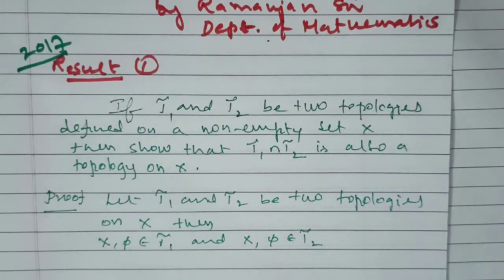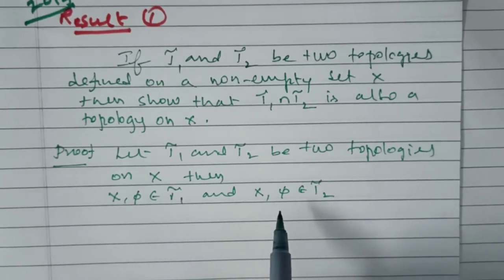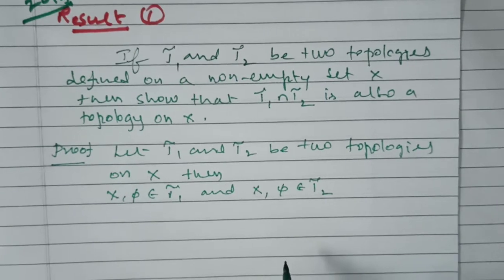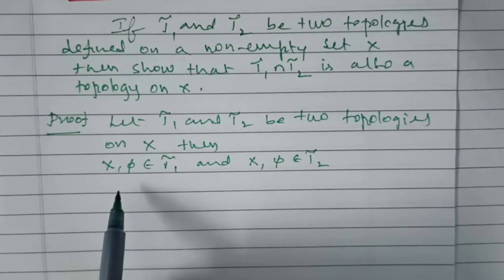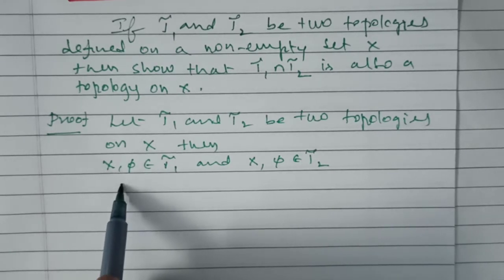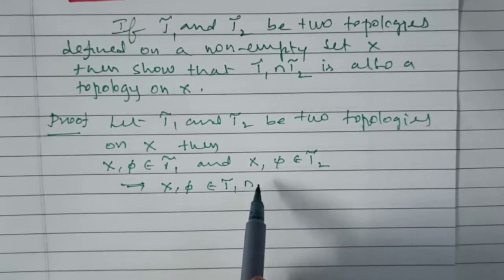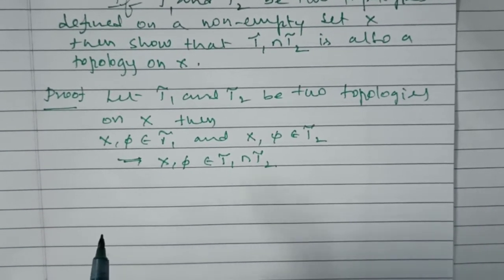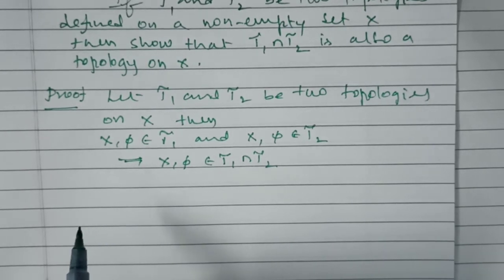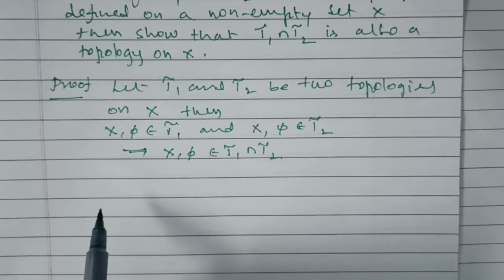So whenever the topologies are there, X, phi must belong to τ1 and to τ2, because if it is a topology, then it must contain the trivial sets. This implies X, phi belongs to τ1 intersection τ2. Next, the remaining two conditions we will prove in τ1 and τ2, so that τ1 intersection τ2 is a topology on X.